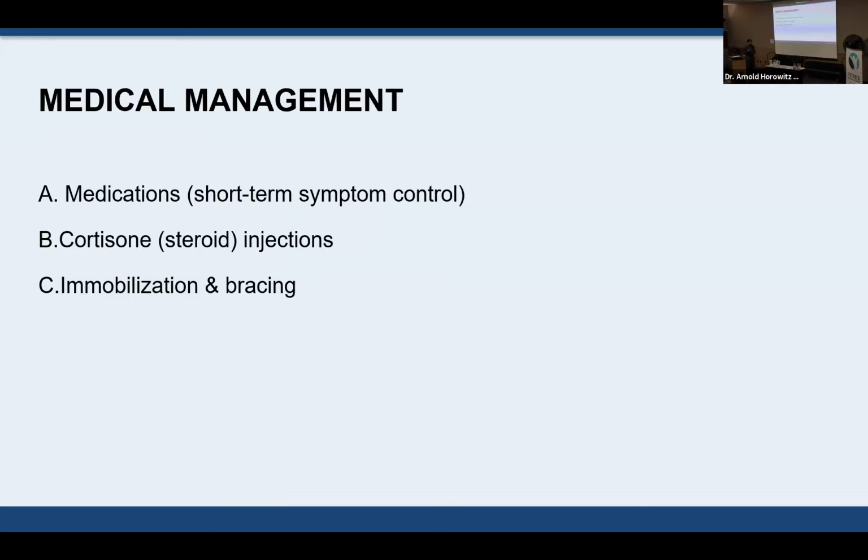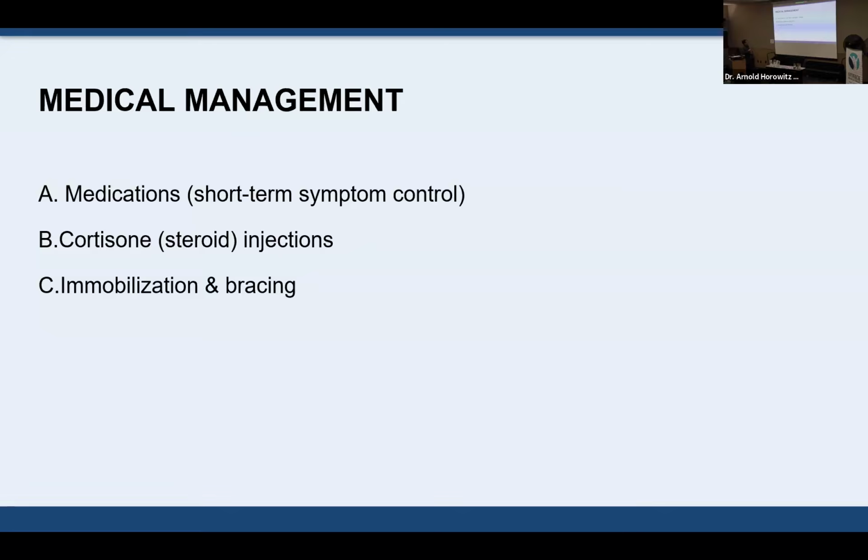The problem with NSAIDs is you need to be really careful, especially if anyone has heart conditions, number one, and secondly, if they have stomach issues. A lot of times we recommend taking probiotics. They do help, especially with taking NSAIDs or any antibiotics.